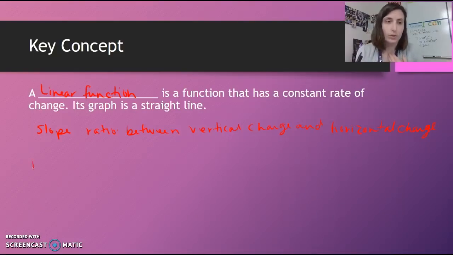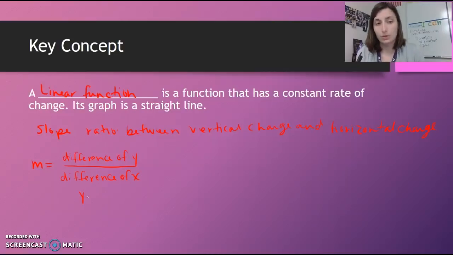And so we wrote it m equals the difference of y over the difference of x, or another way we did y minus y over x minus x. So that's review, slope, rise over run, difference of y over the difference of x.